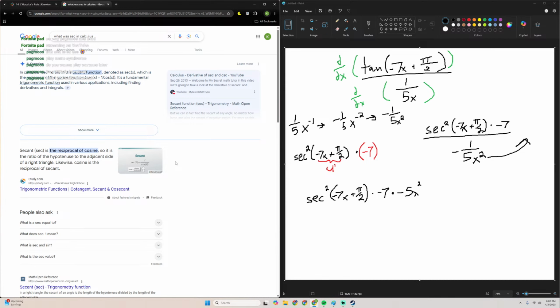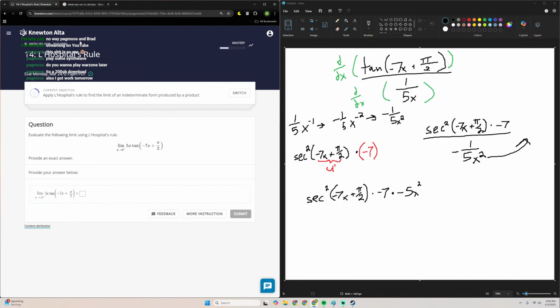Negative 7. Multiplied the x, which is 0. Right? I'm pretty sure the x was 0. Yep, it was 0. Plus pi over 2. Square that. That doesn't really help.